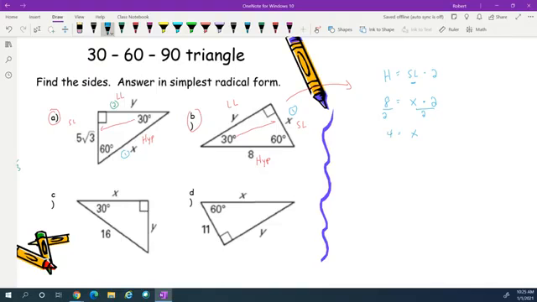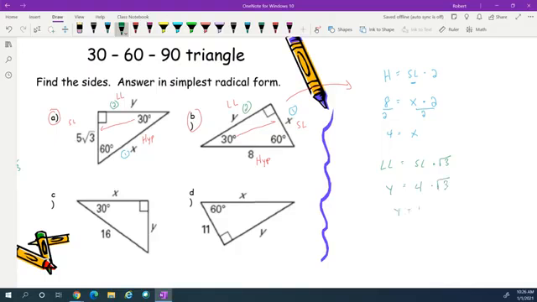Now I can go ahead and get that longer leg. If there was no x for the short leg, this would still be my work because I have no choice. The longer leg is the short leg times square root 3. So they gave me a y. I now know the short leg times square root 3.